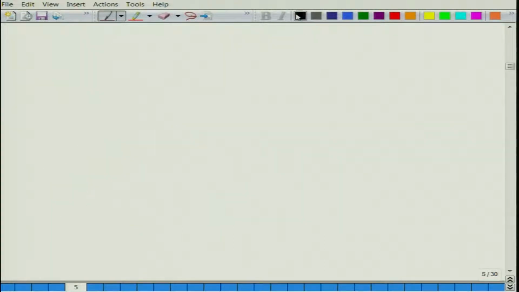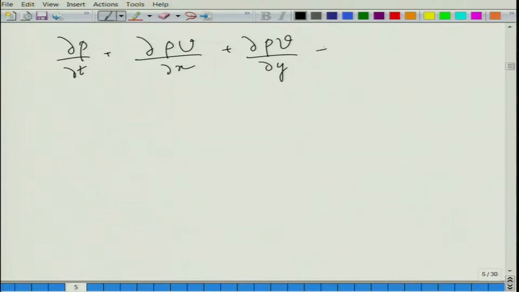So, what do we eventually get? We get rho q delta t.